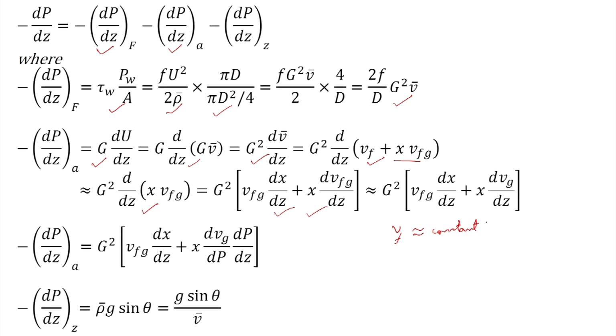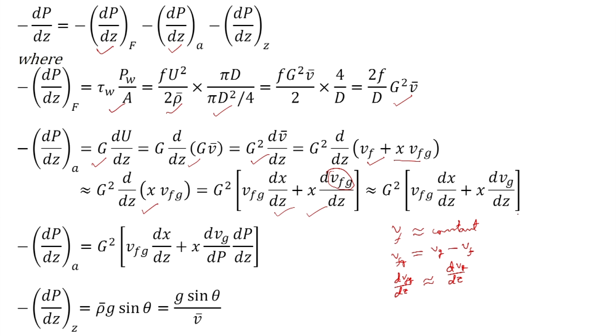Now, here we have Vfg, this Vfg is equal to Vg minus Vf, but Vf we are treating as constant. So, therefore, dVfg by dz is approximately equal to dVg by dz.